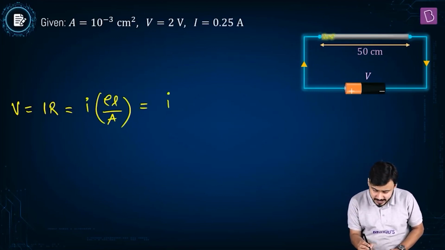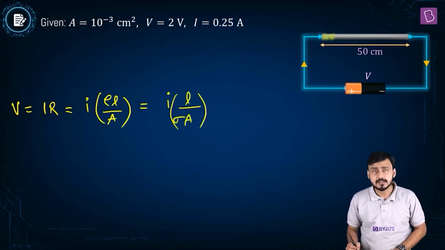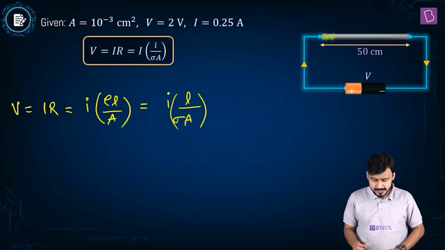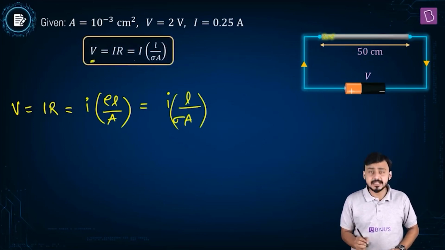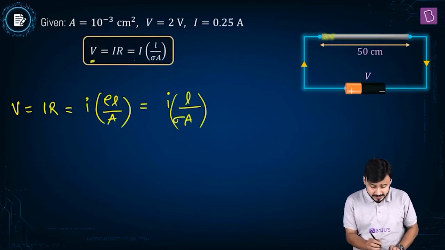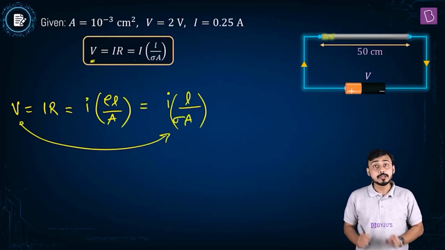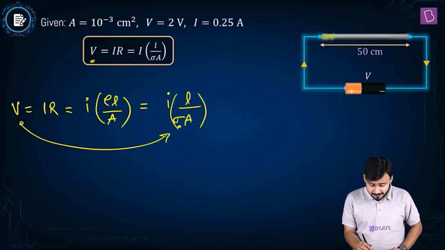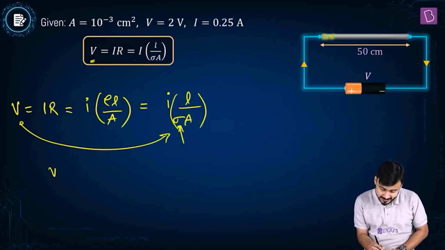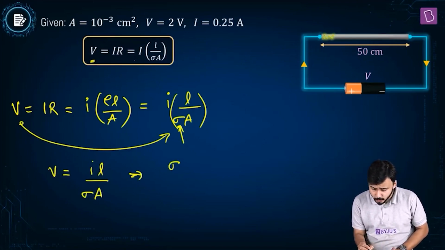So V is equal to I times L upon sigma A. Now in this scenario, you know everything apart from sigma. So sigma comes out to be IL by VA.